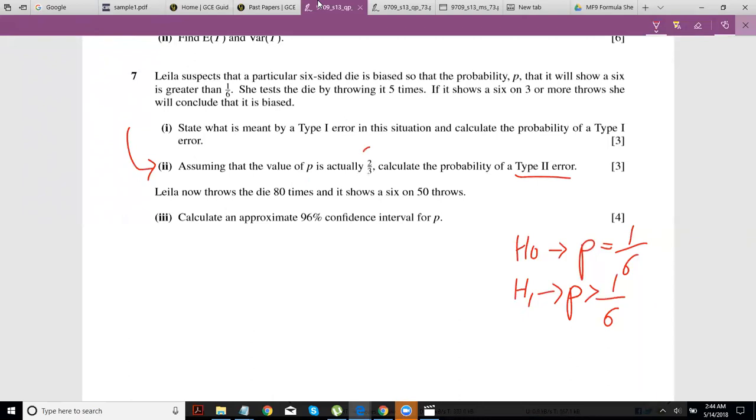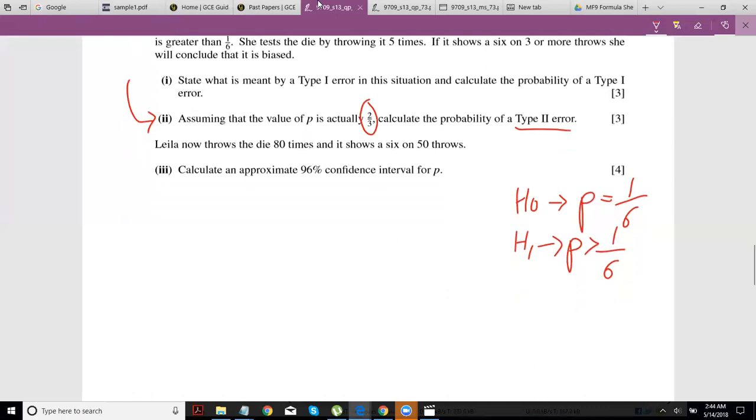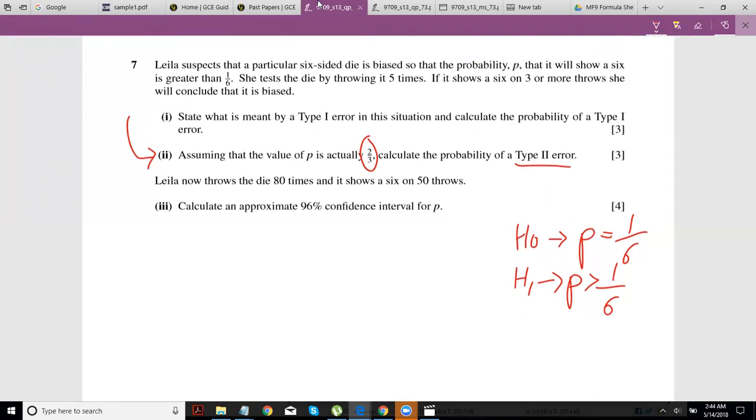For type 2 error, they'll always give you the true value, or they'll always ask you to assume that this is the true value of the probability, or of lambda, or of population mean. So it's basically the same method every single time. So they'll say, okay, so let's assume that the value of p is actually 2 upon 3, and you have to calculate the probability of a type 2 error.